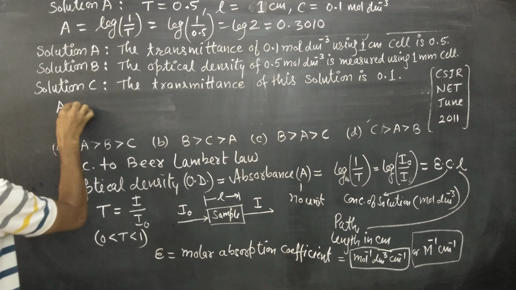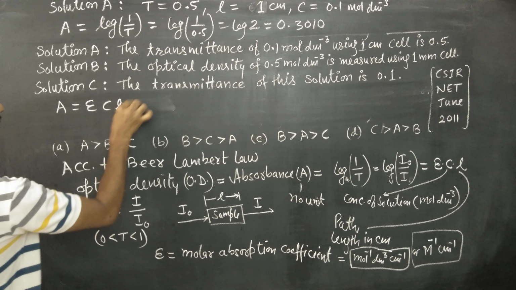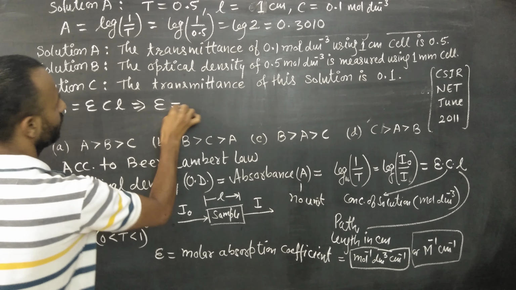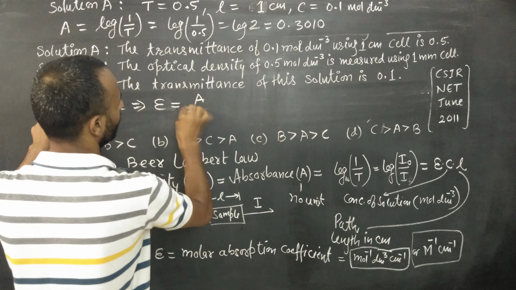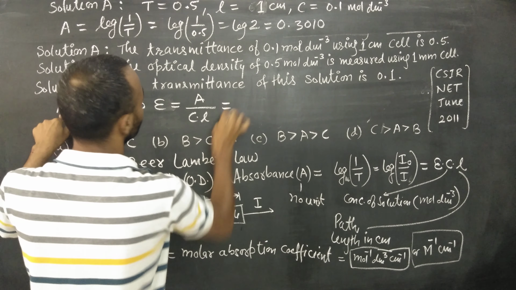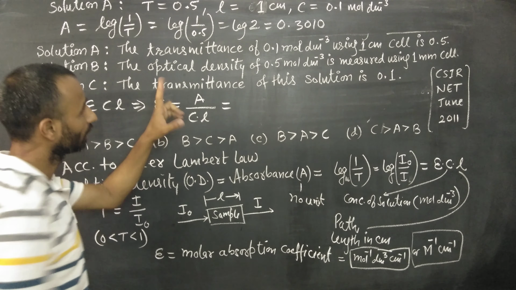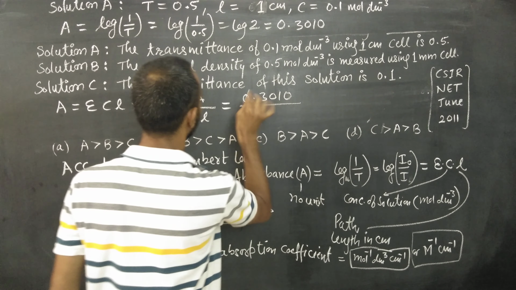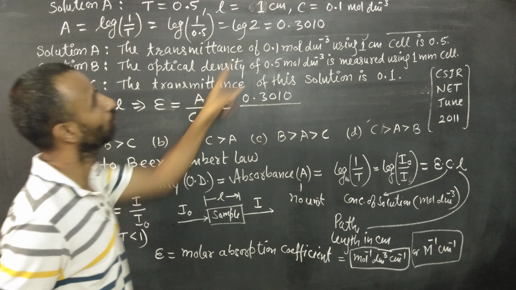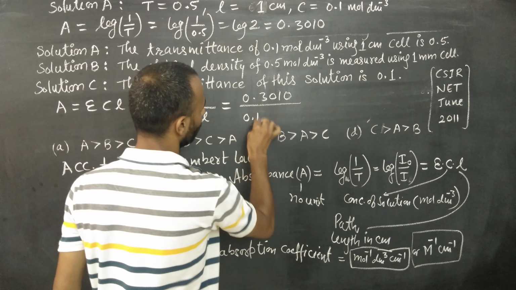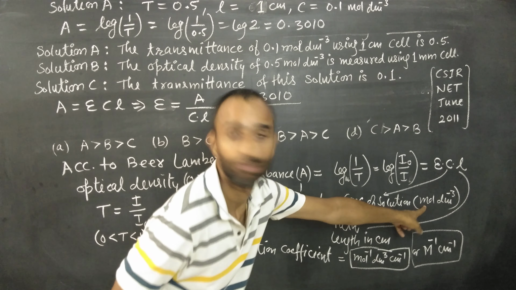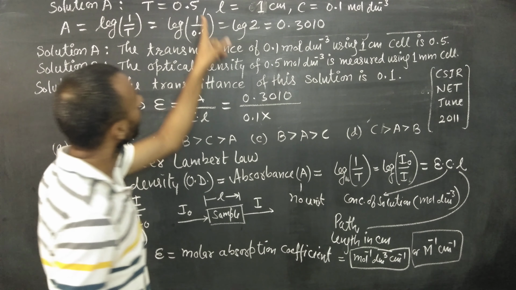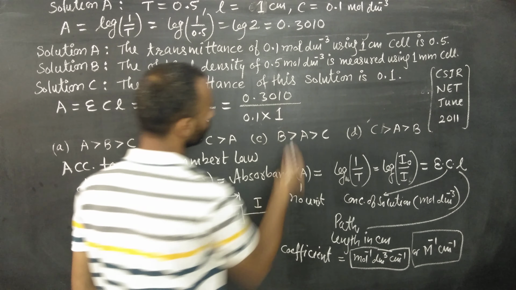Now absorbance is epsilon C L, so epsilon is A divided by C L. Absorbance has no unit, and it is 0.3010. The concentration is 0.1 mole per decimeter cube, and the length is in centimeter, that is 1.